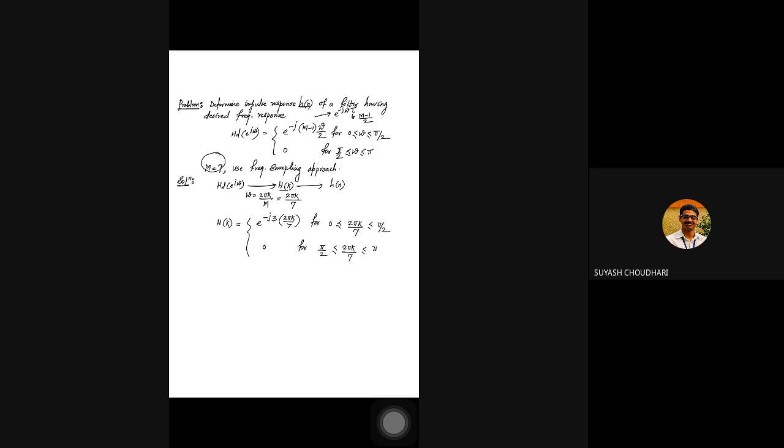Yes, sir. Then h of k is equal to e raised to minus j 6 pi k by 7. Now here the term is in the form of variable k, not in omega. So adjust the limits for variable k.